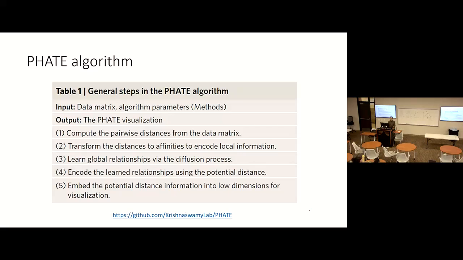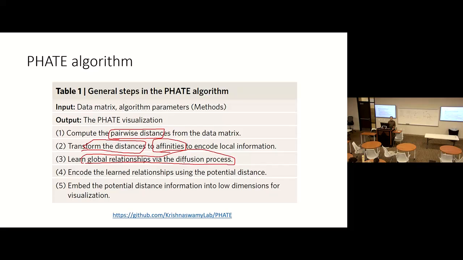So how is the PHATE algorithm designed, implemented? First, we compute the pairwise distance. This is the Euclidean distance, and we transform this distance using an affinity, which is a kernel method. Then learn the global relationship using a random walk or diffusion process. Again, this is another transformation.